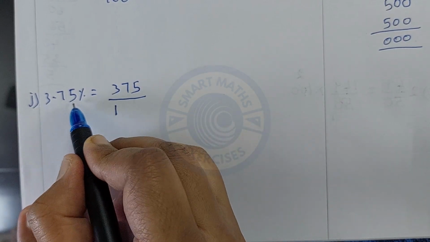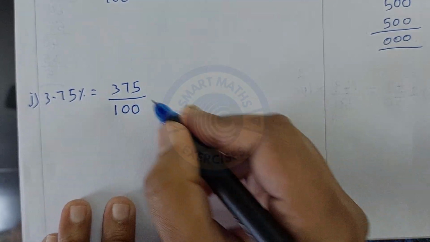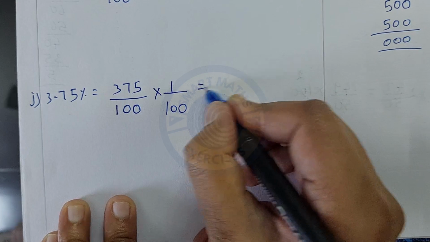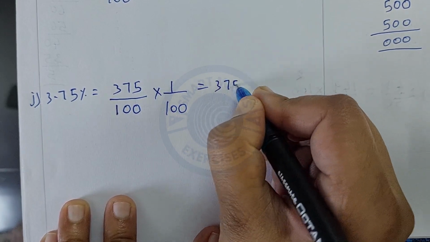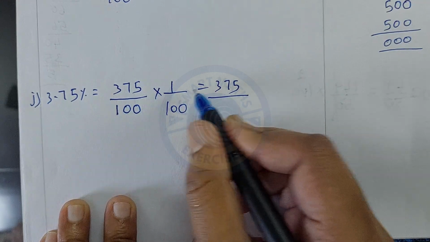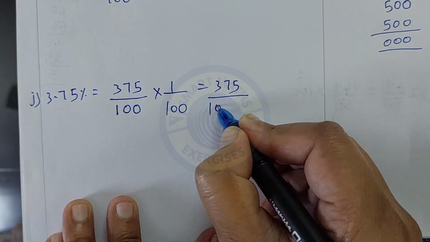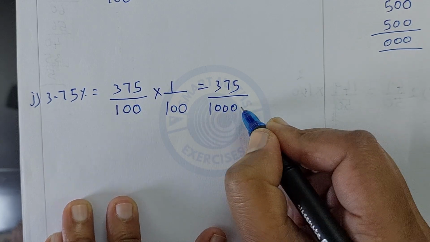And there are 2 numbers after the decimal point, so write 2 zeros into 1 by 100. 375 ones are 375, 100 into 100, 10,000.